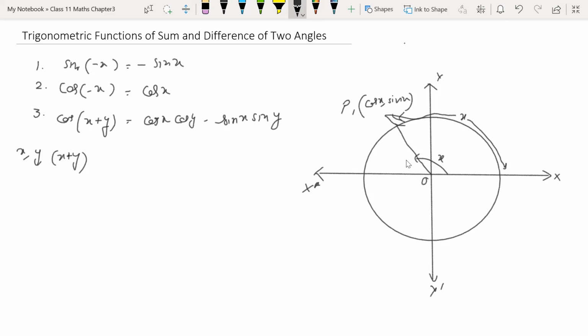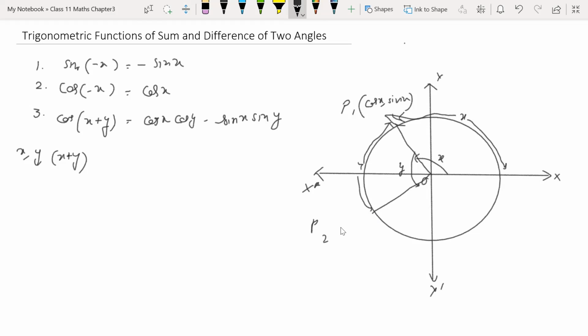Now let's consider the y section. Let's consider a point P2. This is the y. Y is from here to here. Now this unit becomes x plus y.